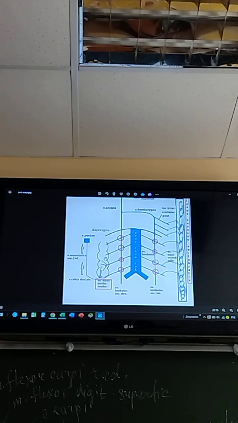Veins which take blood from this fat tissue are called mesoperitoneal. This space is called the mesoperitoneal space. These veins are subdivided into two types.